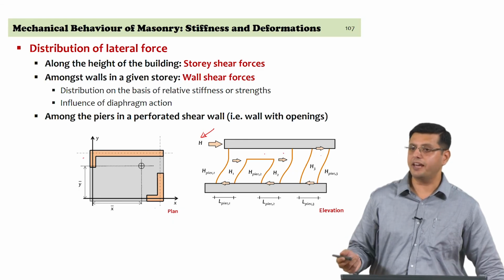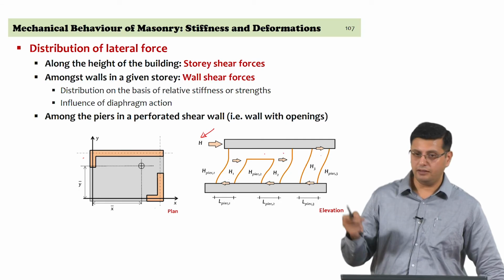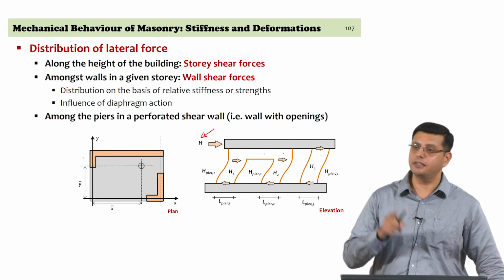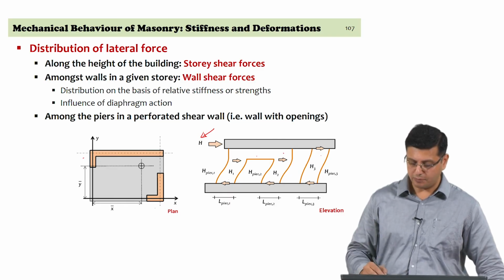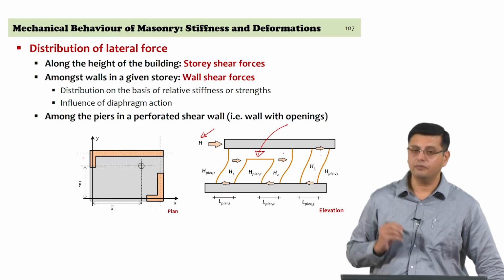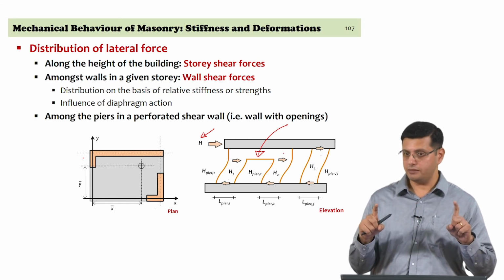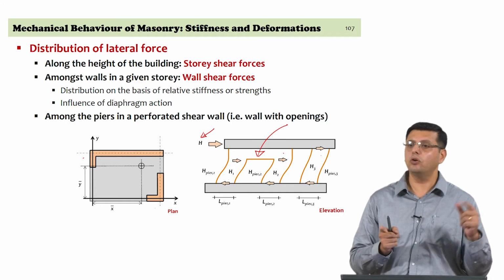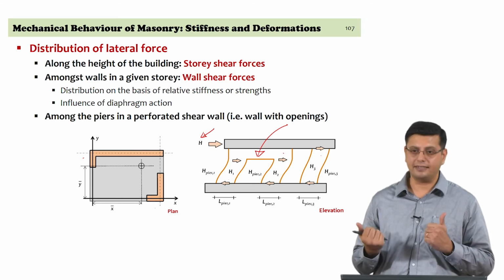In a regular frame, the coupling element is a beam. In a moment resisting frame, in a reinforced concrete structure, you have columns as the lateral load resisting vertical elements, but in a masonry wall, when we talk of these coupling elements, we are referring to the spandrels. These are horizontally aligned elements of different aspect ratio, and their primary role is transfer of forces between the piers when there is lateral action.